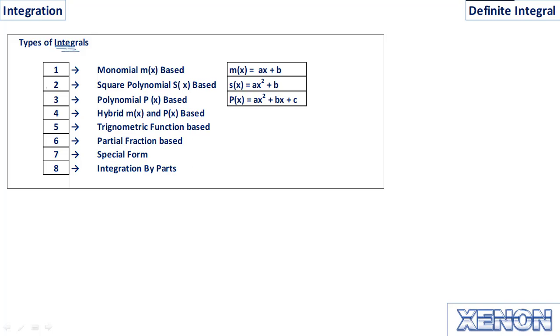So there are basically 8 types of integral, right? These are monomial based, mx of the form mx equals to ax plus b; square polynomial based of the form sx equals to x square plus b; polynomial based px equals to x square plus bx plus c; hybrid form, mx and px based, like mx upon px or mx into px; trigonometric function based like sin x, cos x, tan x; and partial function based.